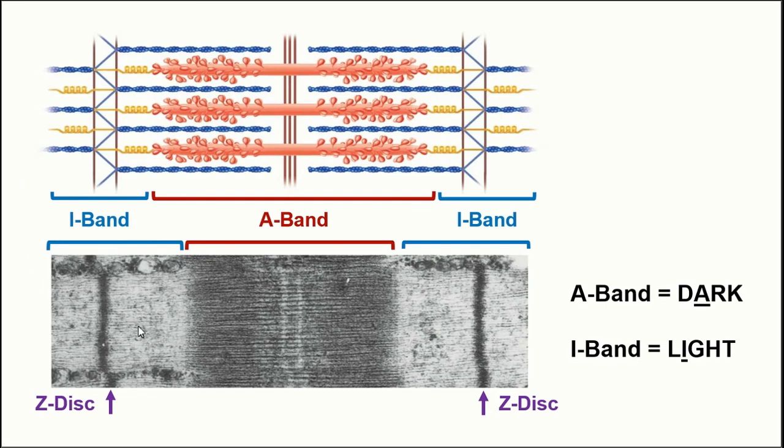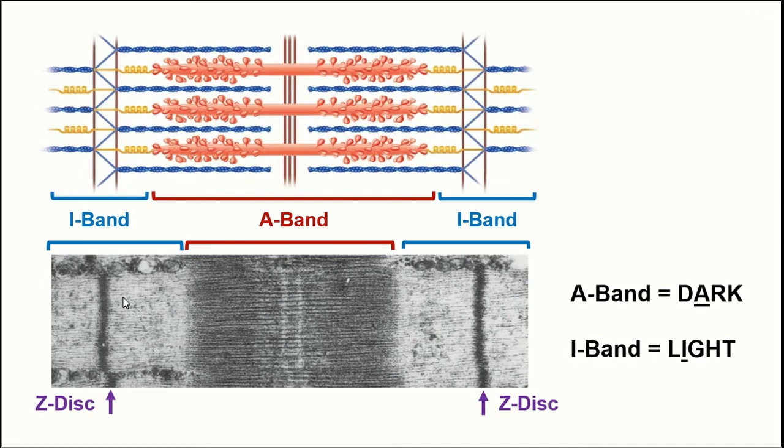Whereas out towards the periphery of the sarcomere, we have these light-colored bands that are on each side of the Z-disc, and these are the light bands, or the I bands. And I always think the I band is associated with the light band, since light has an I in it.